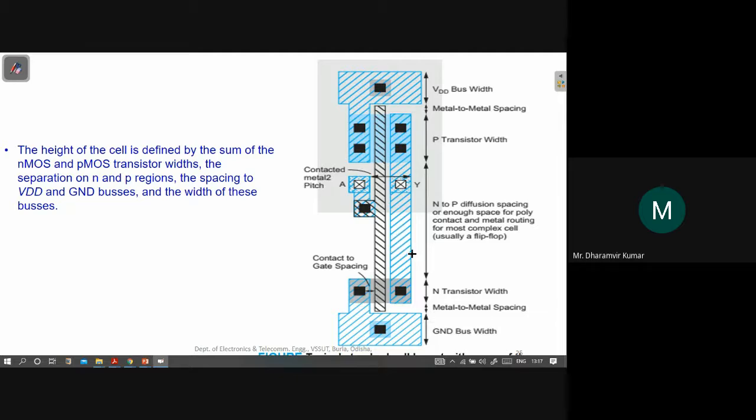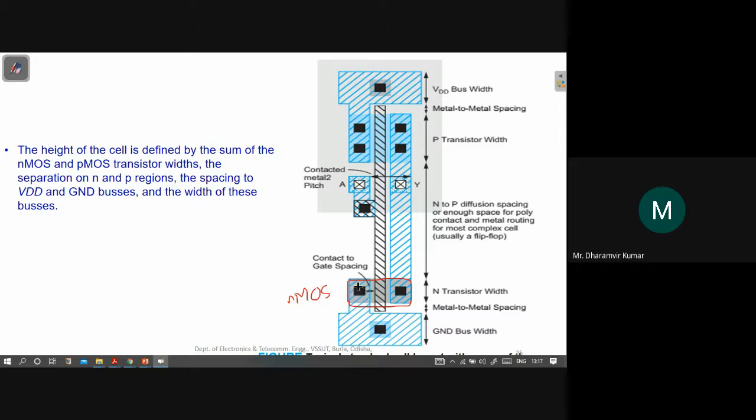Now look at here. In MOSFET we know that we should have a drain and a source. This area is one NMOS MOSFET.